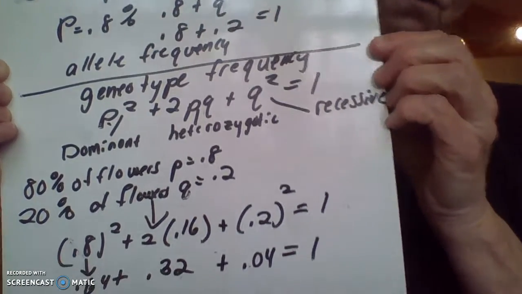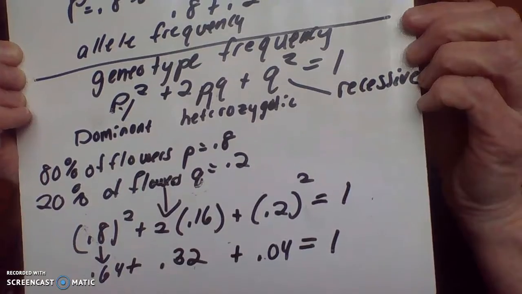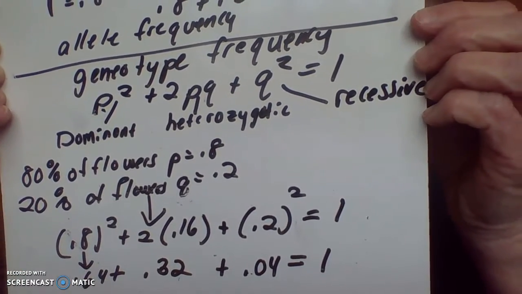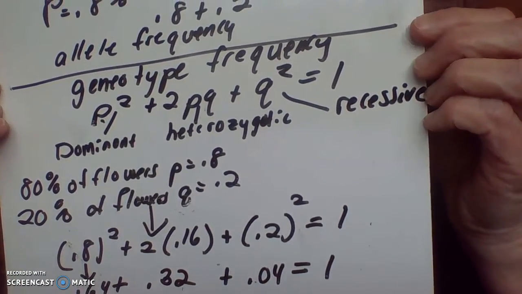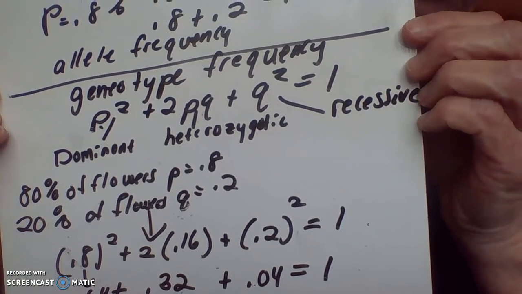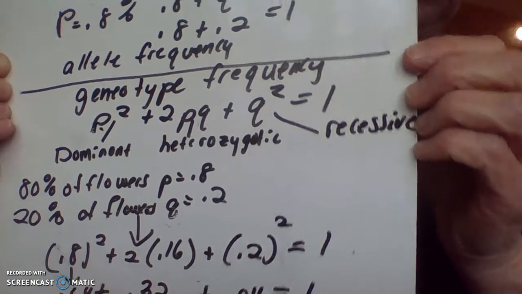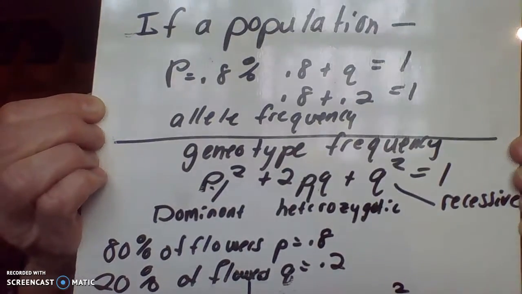So again, this formula is in chapter 23 of your bio textbook, and for allele frequency it's just P plus Q, but if they want the genotype, you have to use P squared plus 2PQ plus Q squared equals 1. And then all you do is substitute in what numbers they give you.